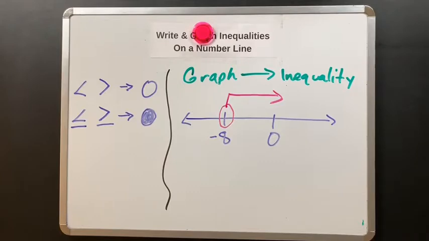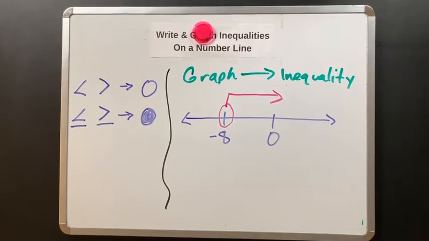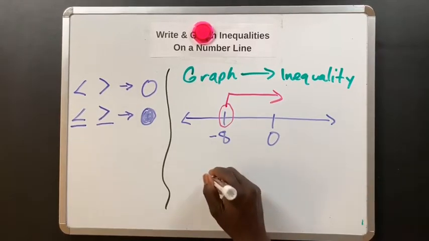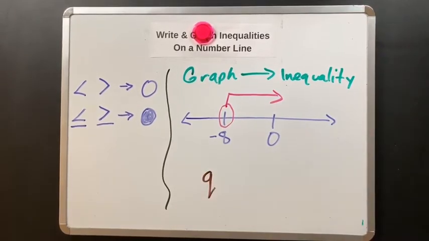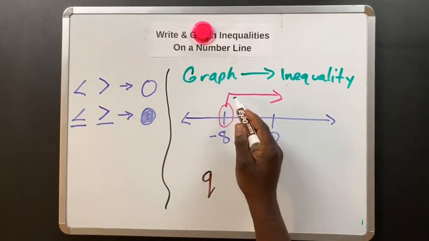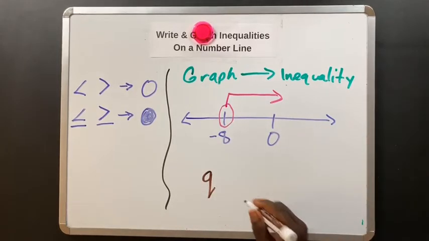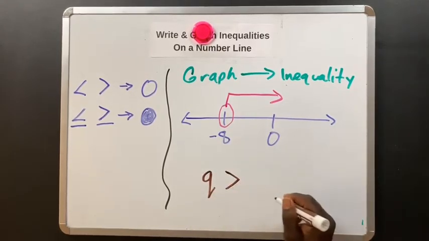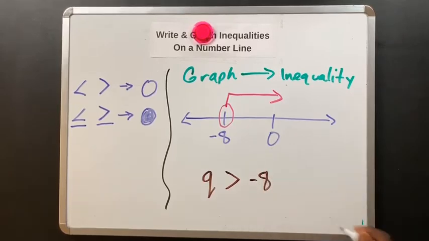We need to write the inequality sentence. What letter do we want to use for the variable? How about Q? All values of Q, open circle, and it looks like they're greater than -8, so we write greater than -8. All values of Q greater than -8.